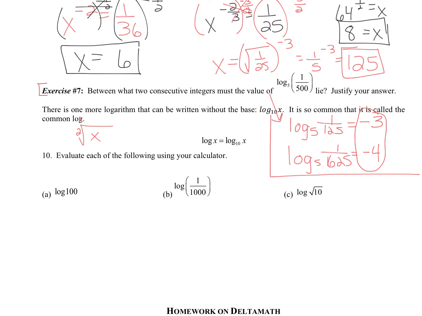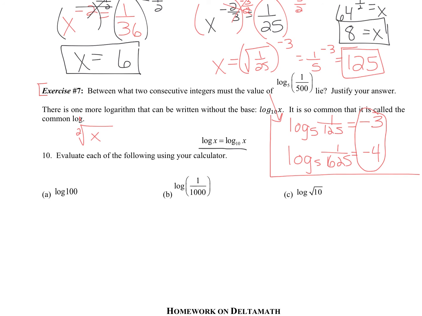So with logarithms, one of the really common logarithms, and we actually call it the common log, is a log with a base 10. It goes well with scientific notation, powers of 10 that you've seen in science. So basically, if I just see the word log of x, I assume or know there's a 10 there.